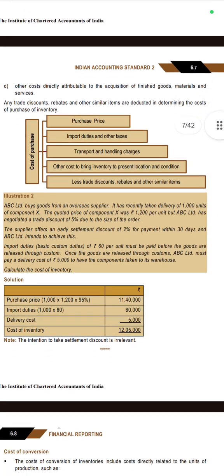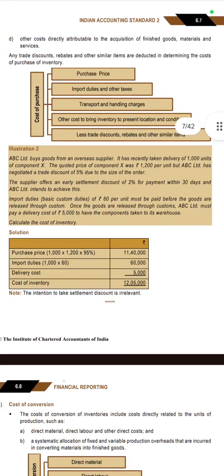Okay, so here is a question. ABC Limited buys goods from an overseas supplier. It has recently taken delivery of 10,000 units of component X. The quoted price of component X was 1200 per unit, but ABC Limited has negotiated a trade discount of 5% due to the size of the order.